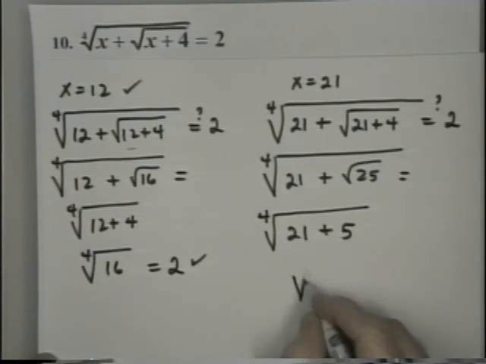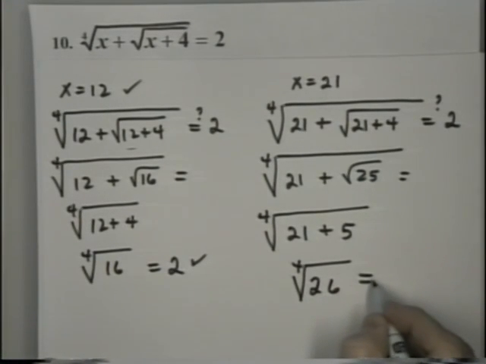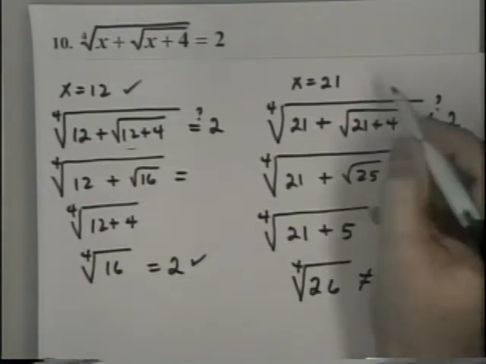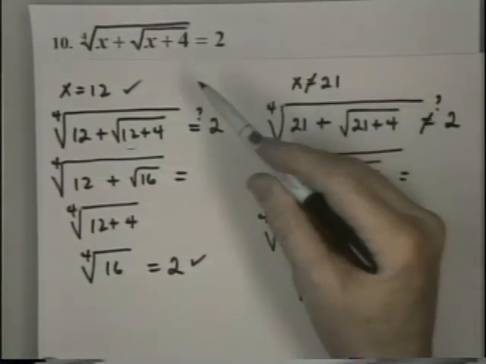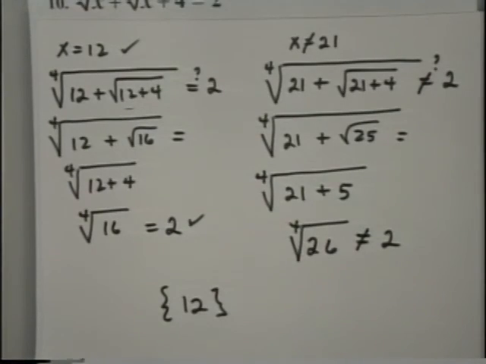And that gives us the fourth root of 26. And that is not equal to 2, is it? So therefore this must not be true. So if this is not true, x cannot be 21. So our solution is only 12.